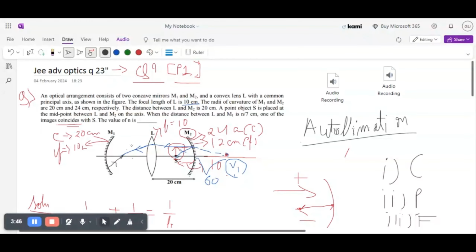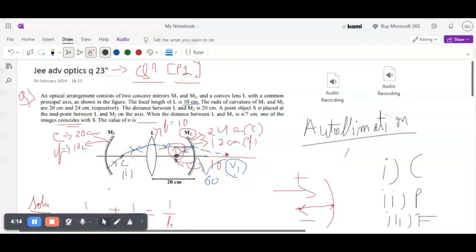So it goes there, again arrow there, and this coincides right here with the object. You understand? This is the concept that the ray goes back along the same path while it is passing through C.